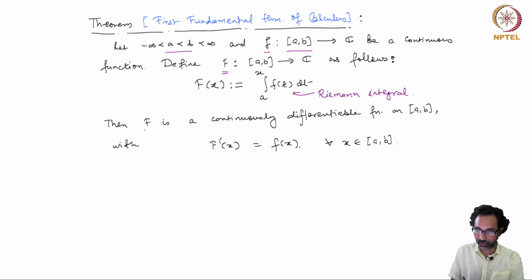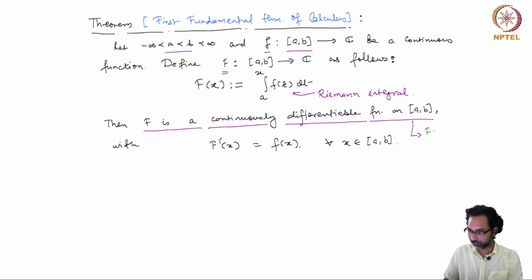So in fact, capital F is a continuously differentiable function on the entire interval [a, b]. So it's everywhere differentiable, so it has two parts. So first is that F is everywhere differentiable on [a, b]. And the second one is that F'(x) is continuous everywhere on [a, b].